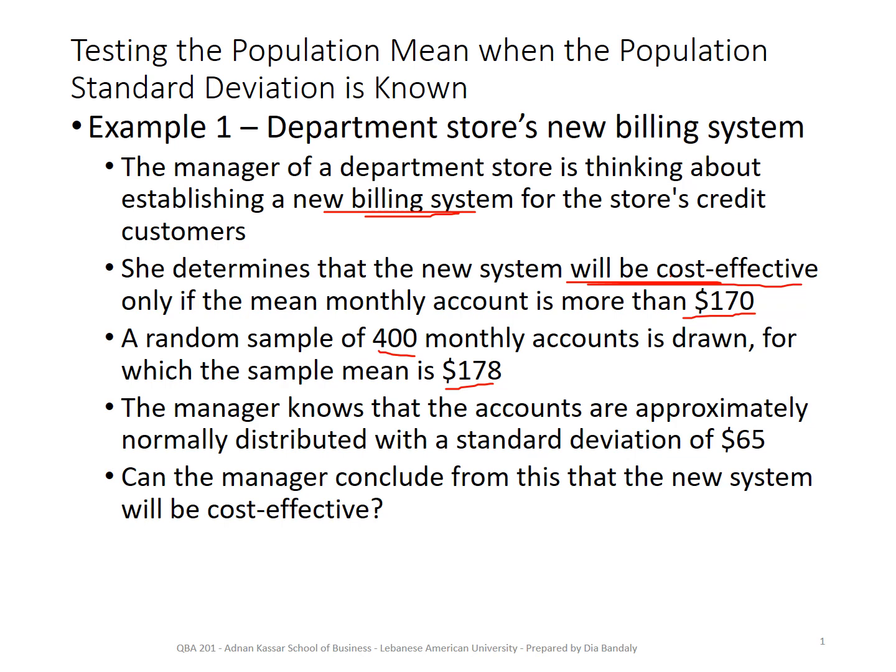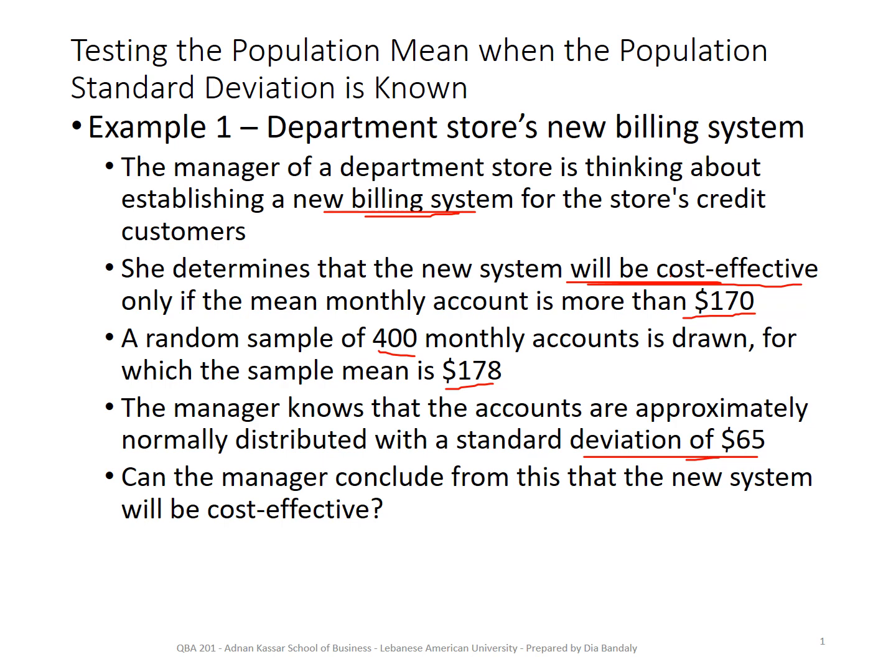They also know that the standard deviation of all the customers' accounts is $65. So can we conclude that the new system will be cost effective, meaning, can we conclude that mu is really greater than 170? This is what we're going to do in the next slides.